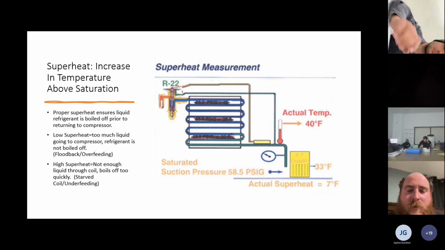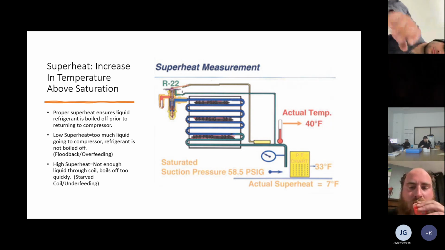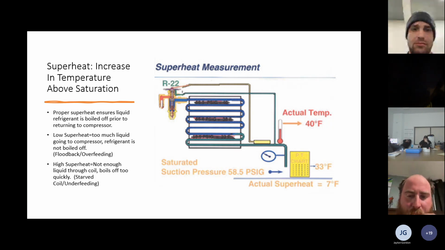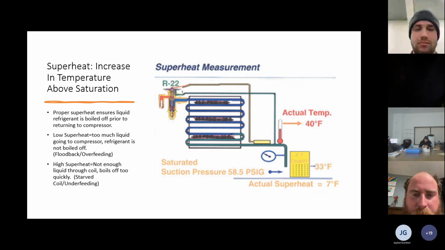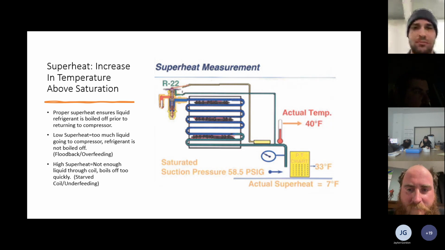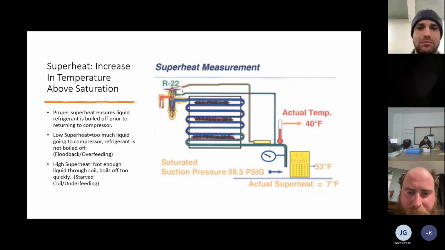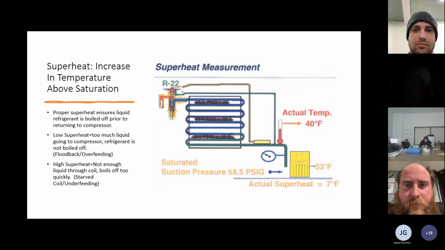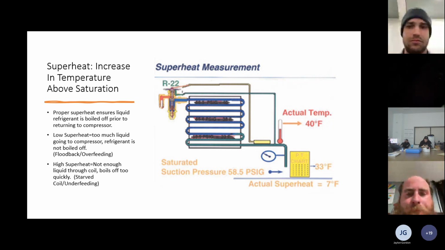So reply in the chat in this group. What method do you use to check your superheat? How do you reply? If there's a little thing at the top of your screen that says chat, you can click on that.